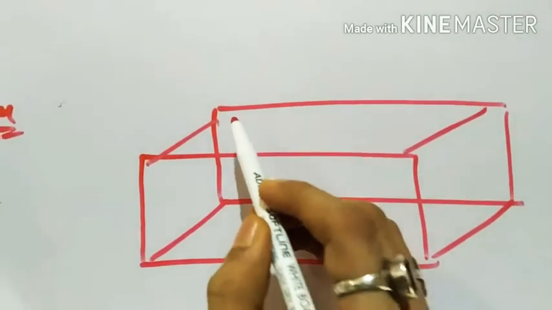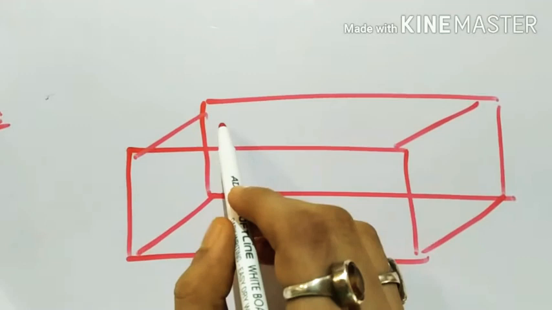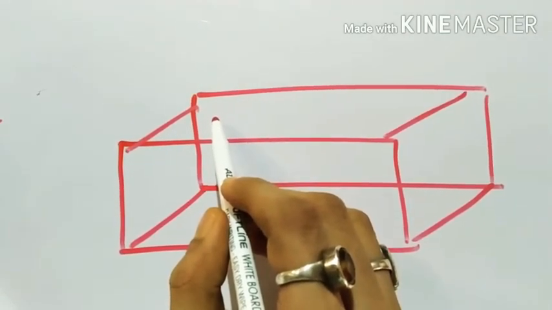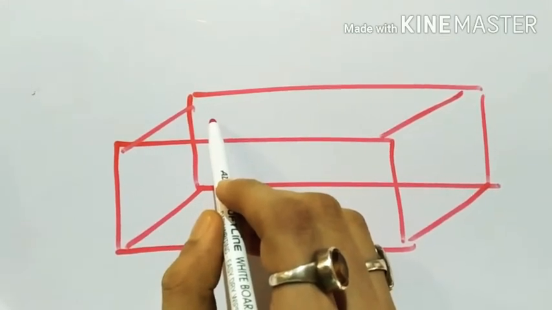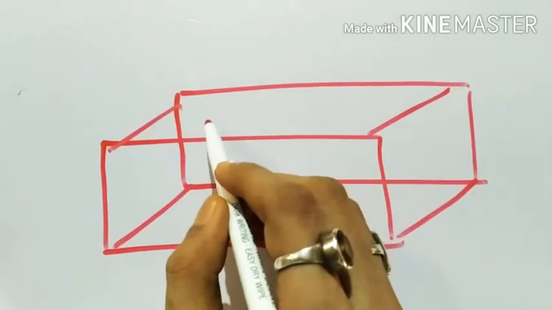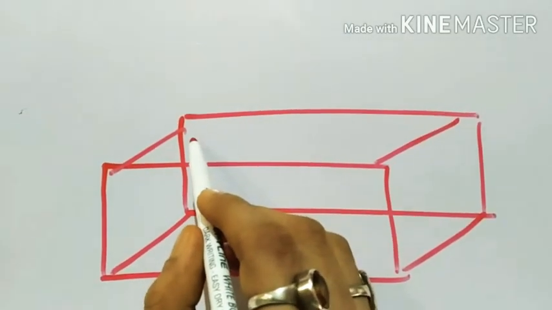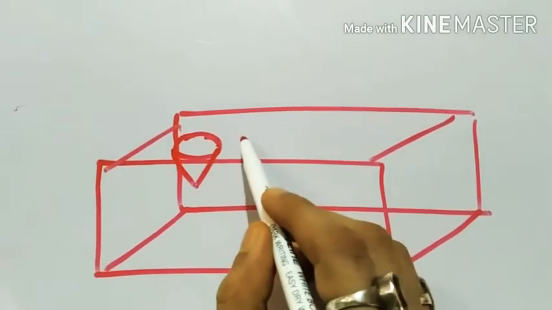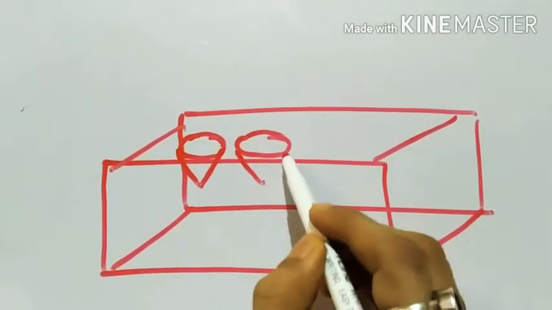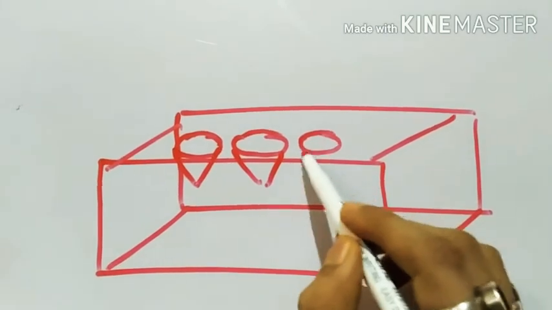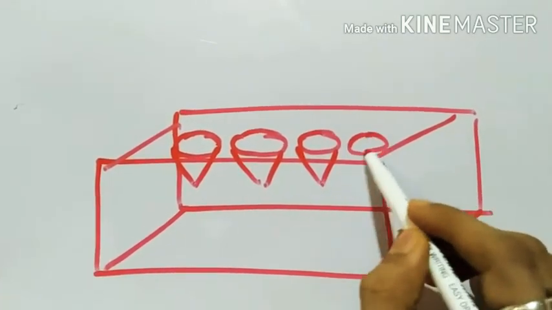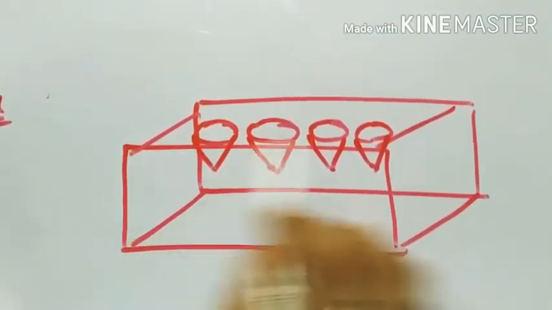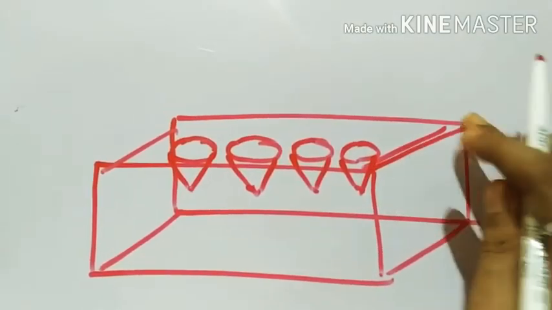At the top of this cuboid there are conical depressions. Like that, there are four conical depressions.